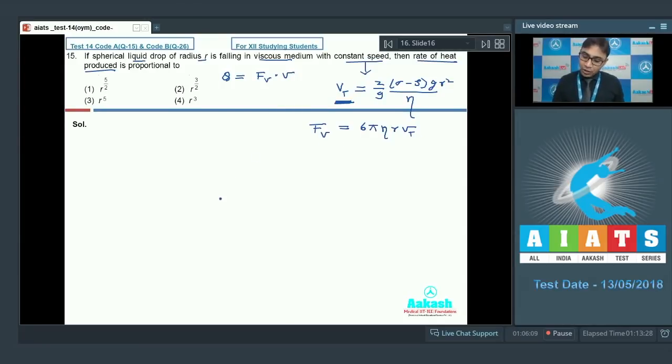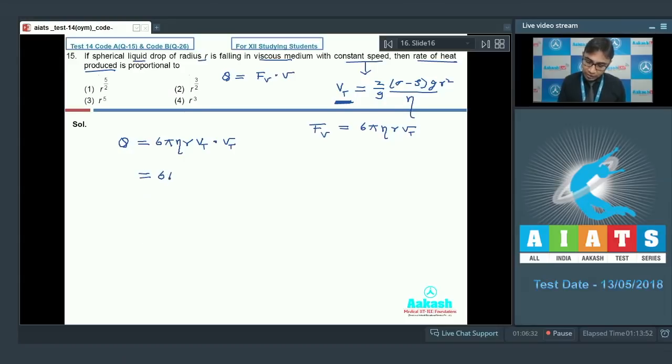So if I put the values here, the power consumption rate or heat production rate will be equal to 6 pi eta r vt into v, and this velocity is also the terminal velocity.